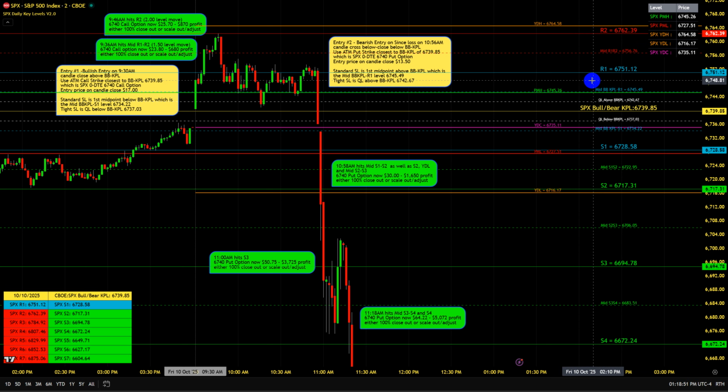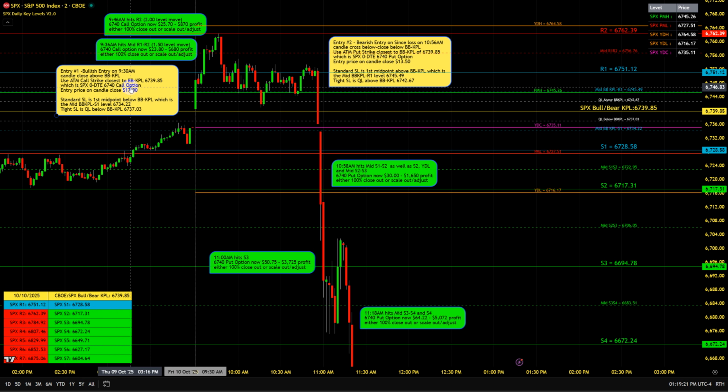Your last and final option, because you don't want to go further away than this amount out of the money, would be whatever the closest strike is to the R1 level, since that's one level away above, and this is a bullish play from this particular level. So this is 6751.12, so that would be your 6750 call option. But like I said, the standard play is the at the money.